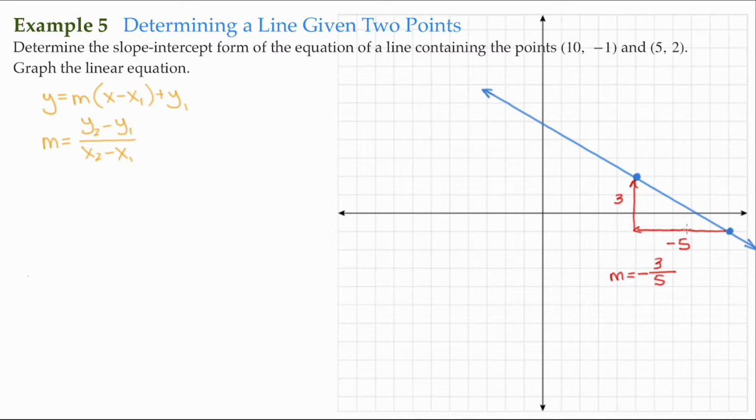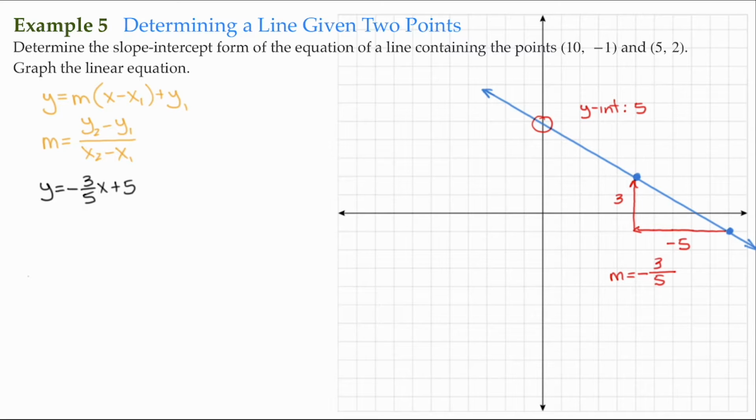See that? Also, we can see our y-intercept occurs at 5. When x is 0, y will be 5. So the equation of our line in slope-intercept form would be y = -3/5 x, that's our m, plus 5.